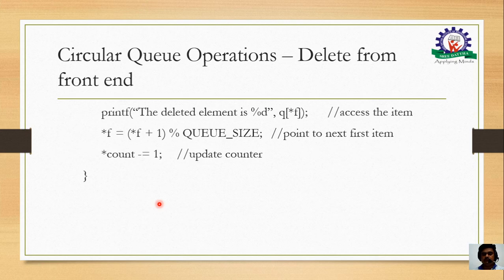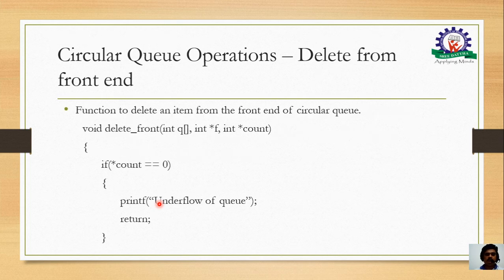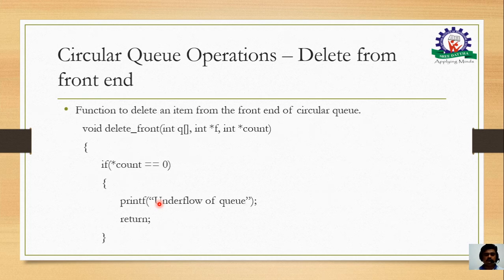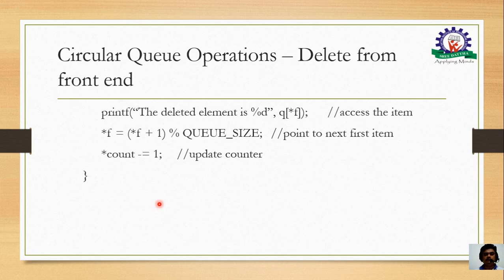So always remember, whenever you write a function as your teacher tells you, please re-verify, because as I made the mistake now, maybe it happens with you also. It should be count is equal to count minus 1, as I did here in the function. So this was the function for deleting from the front end.